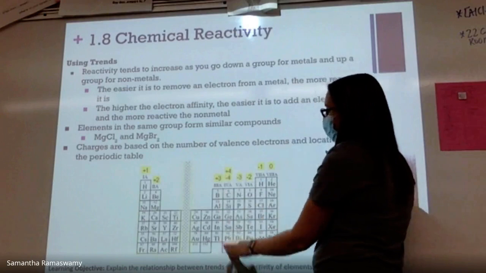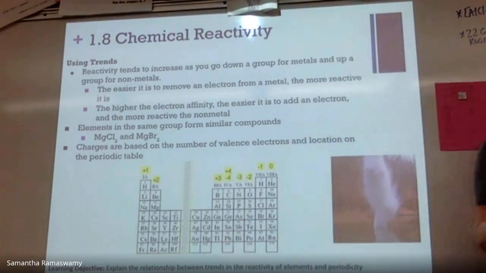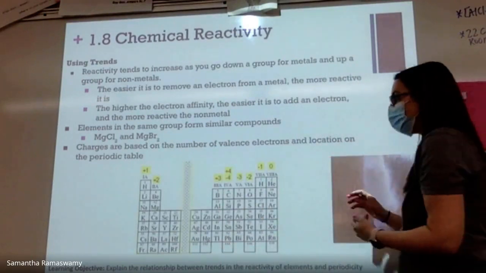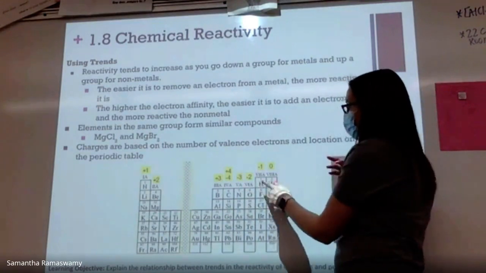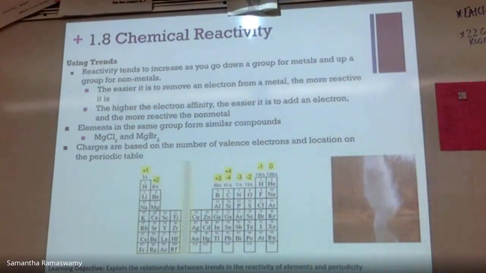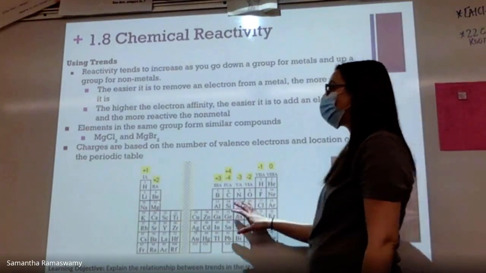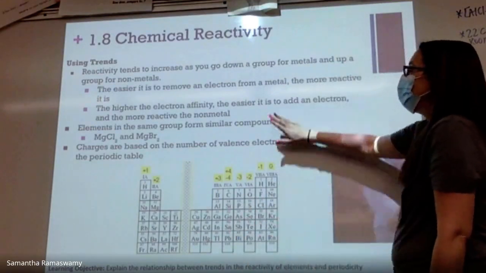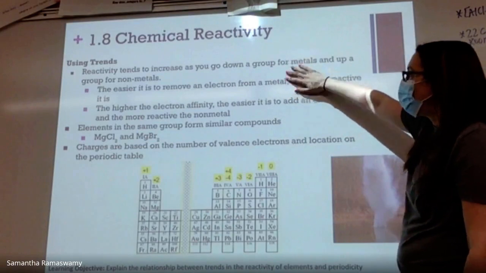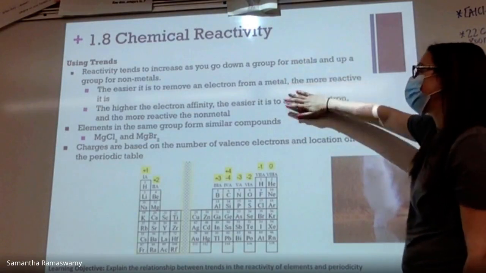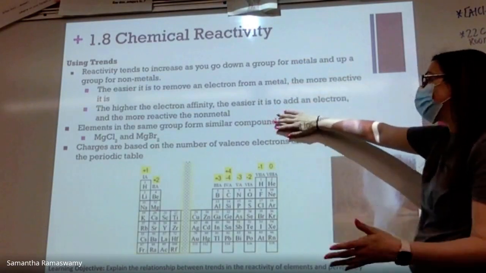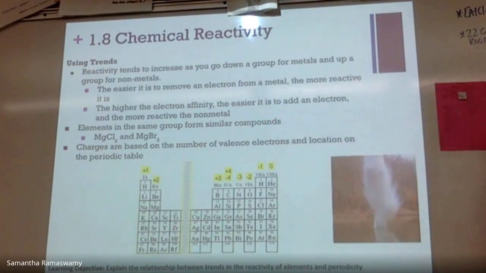Remember, carbon's family can be +4 or -4, depending on if it's a metal or a non-metal. Then we go -3, -2, -1, and the noble gases are 0 because they do not react. So this is looking at chemical reactivity. So here we look at the reactivity of metals and nonmetals, how periodicity works with forming compounds, and then charges are based on valence electrons.